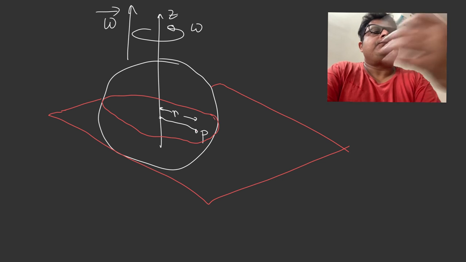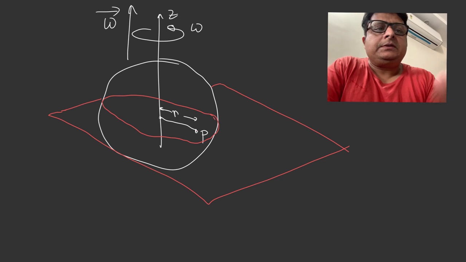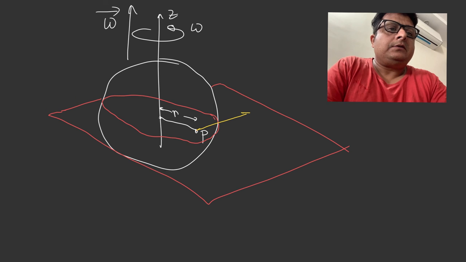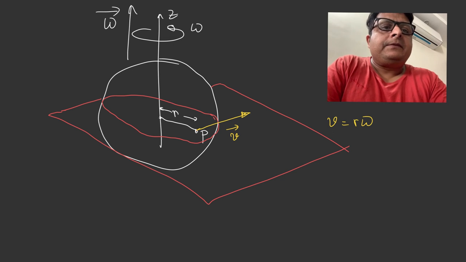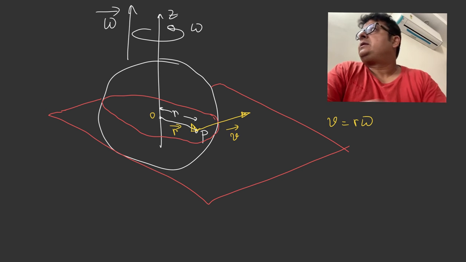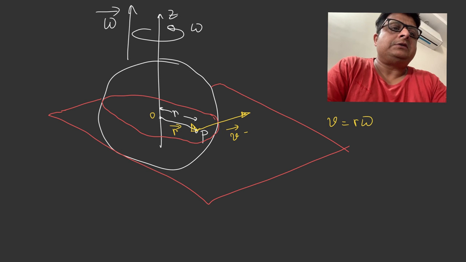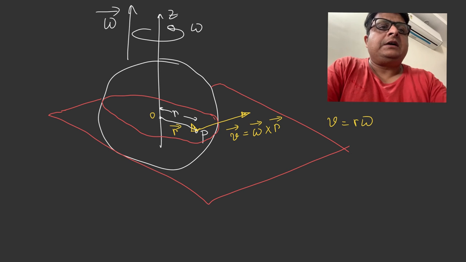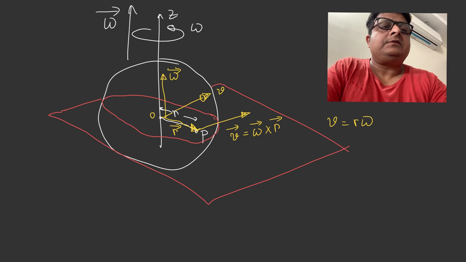If the body is rotating about the z axis, the velocity of this point is obviously in this direction, and we know that v equals r omega. About point O, this is the position vector r, so we can represent the velocity as omega cross r. Omega is to the top and r is this way as shown. So omega cross r gives you the direction of the velocity.